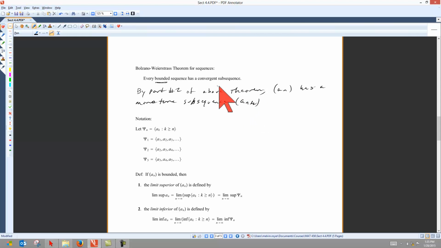If the subsequence comes out of a bounded sequence, it has to be bounded itself. The original sequence is bounded, so any subsequence also has to be bounded. Now I have a bounded monotone sequence, and we know about those. So a sub n_k converges by the monotone convergence criterion.